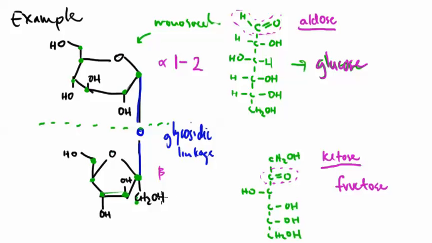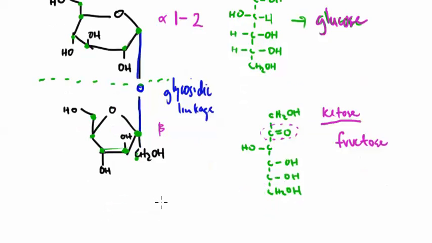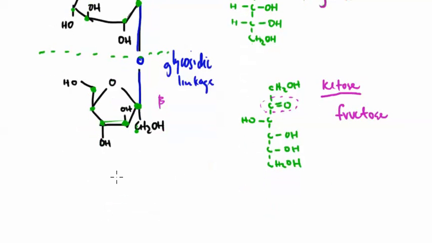However, this is an alpha glucose and a beta fructose that paired up. So we know and understand that the first number listed in the parentheses goes to the first sugar listed in the name, and that is glucose here. And the second number in parentheses goes to the second sugar listed in the name, and that is fructose here.